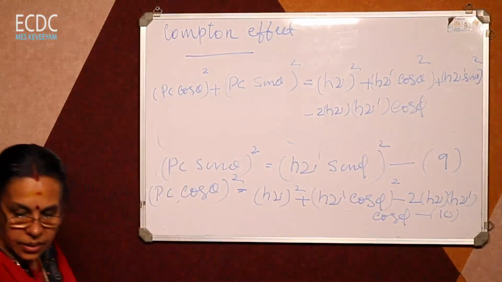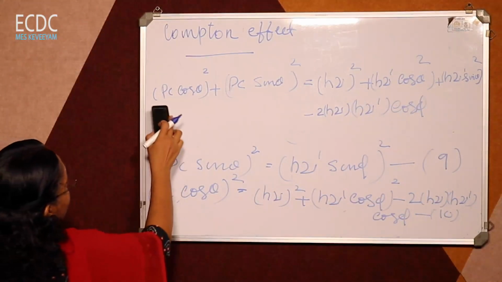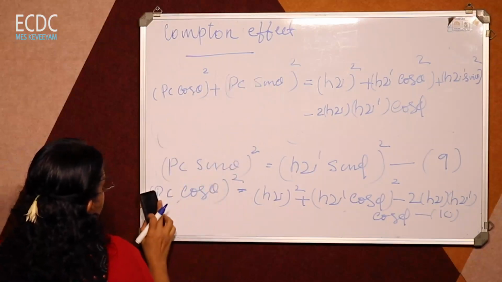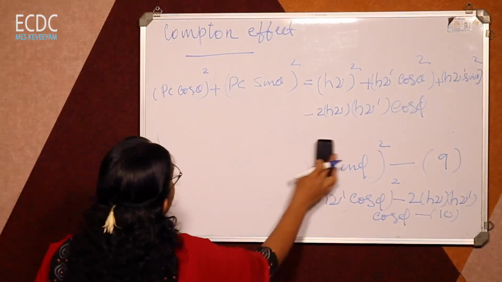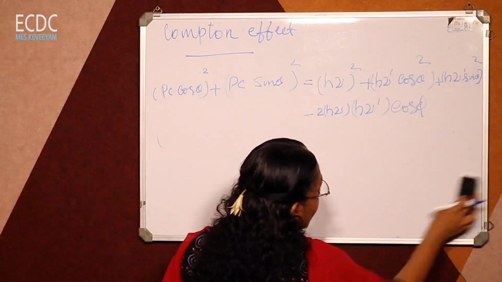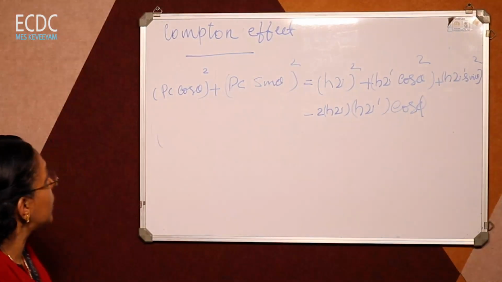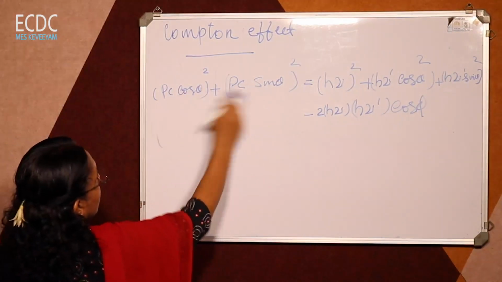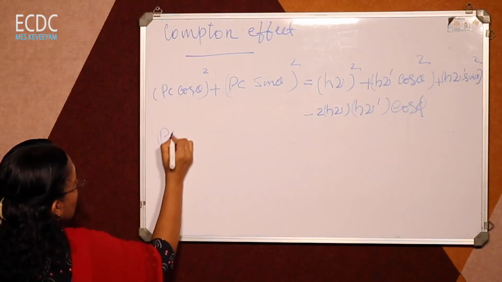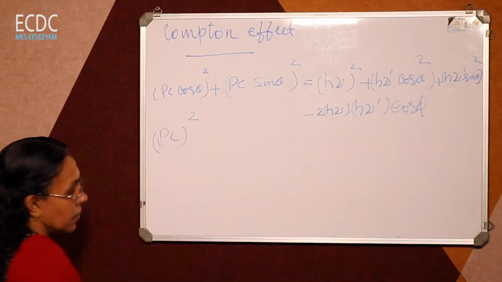So by rearranging, taking pc outside, cos theta squared plus sin theta squared is equal to 1. So this LHS will give what? pc squared.